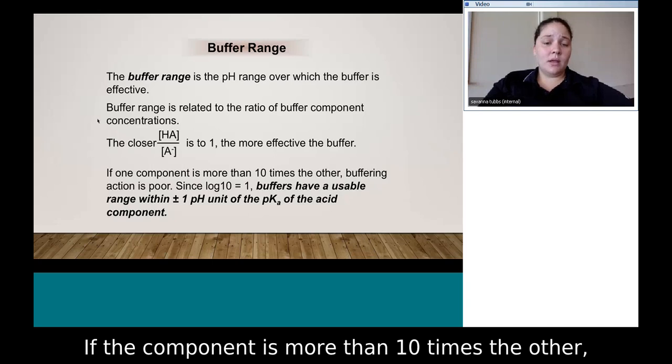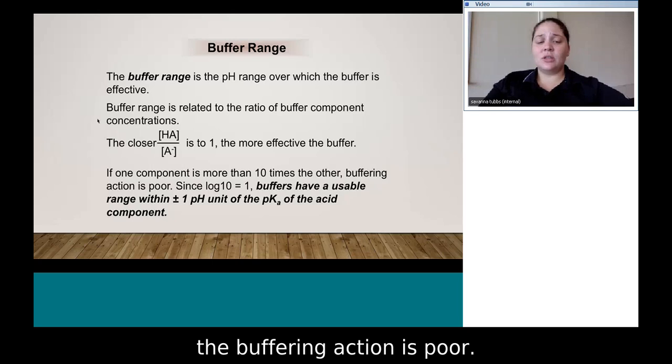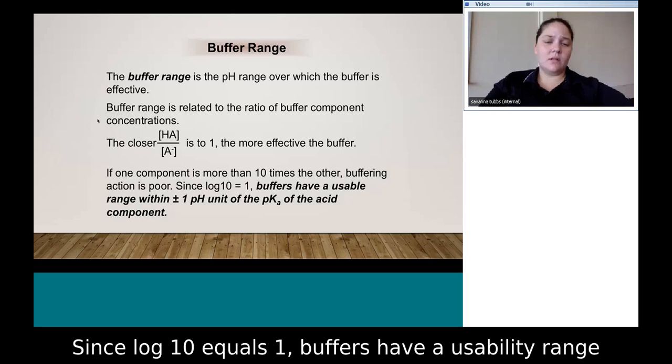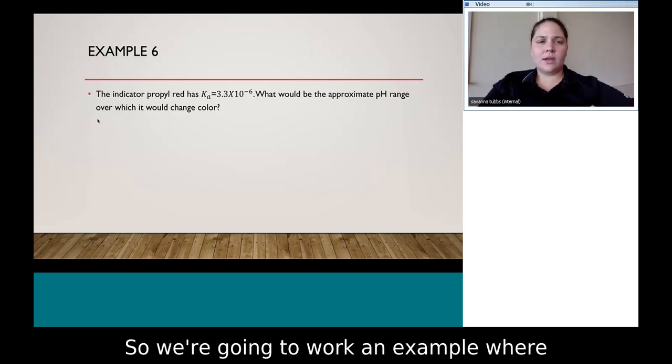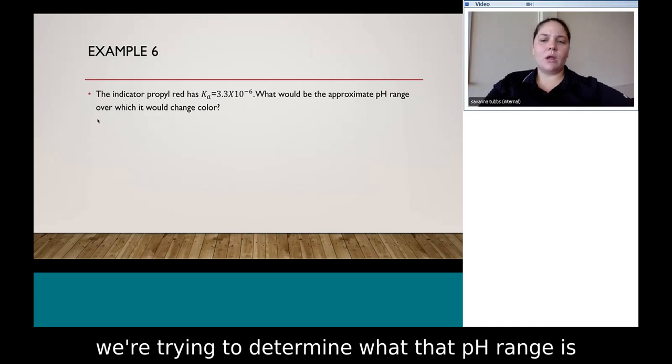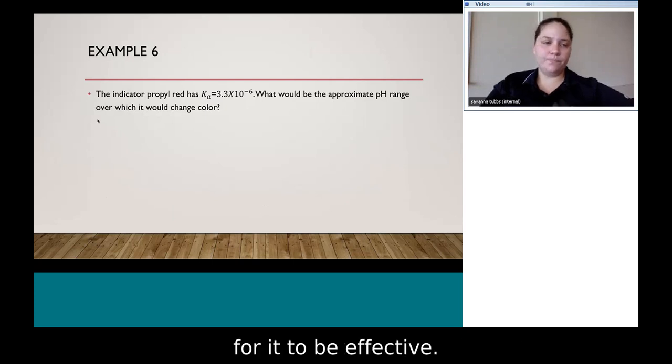If one component is more than 10 times the other, the buffering action is poor. Since log 10 equals 1, buffers have a usability range of plus or minus 1 pH unit of the pKa of the acid component. So we're going to work an example where we're trying to determine what that pH range is for it to be effective.